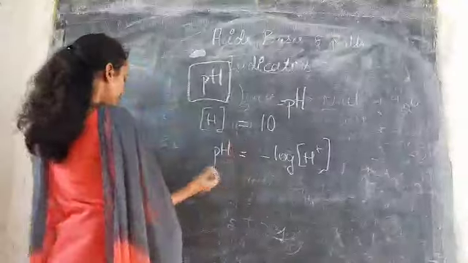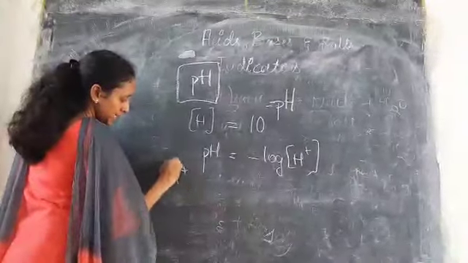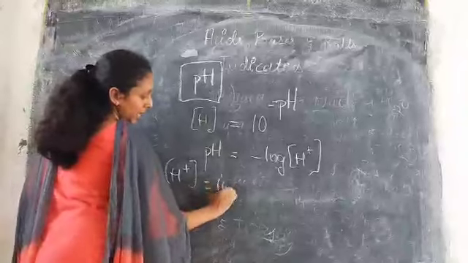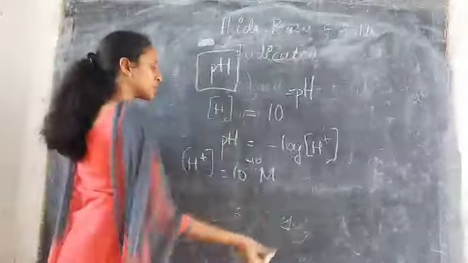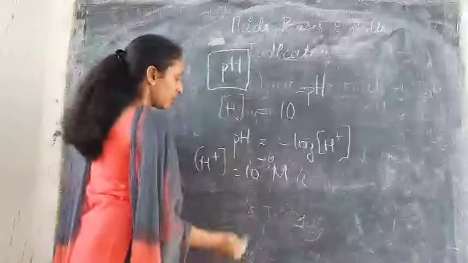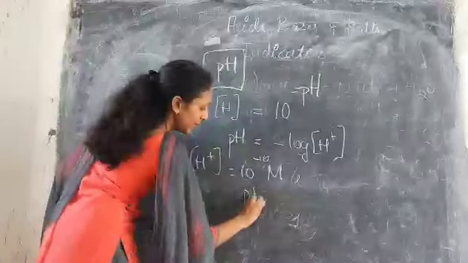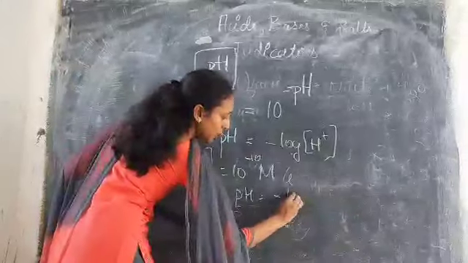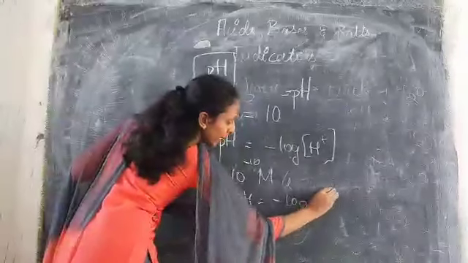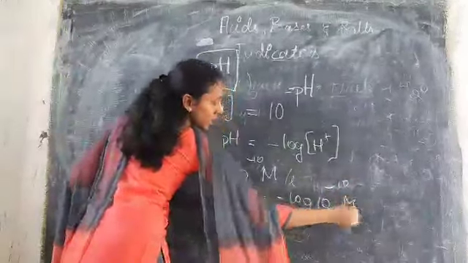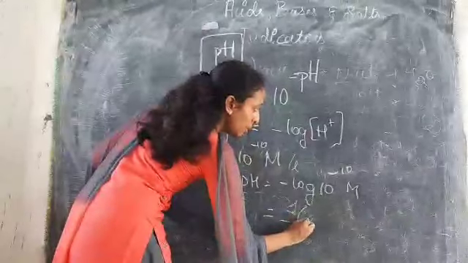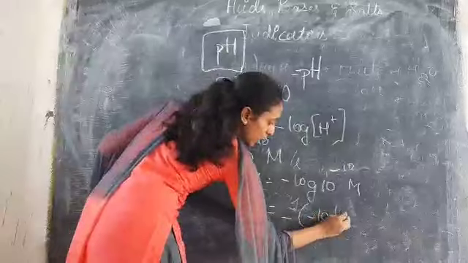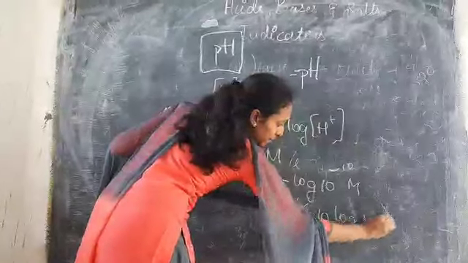So for example, if you take H plus as 10 to the power of minus 10 molar, in terms of moles per liter, what happens? pH will be equal to minus log 10 to the power of minus 10 molar. This can be written as minus into minus 10 log 10.